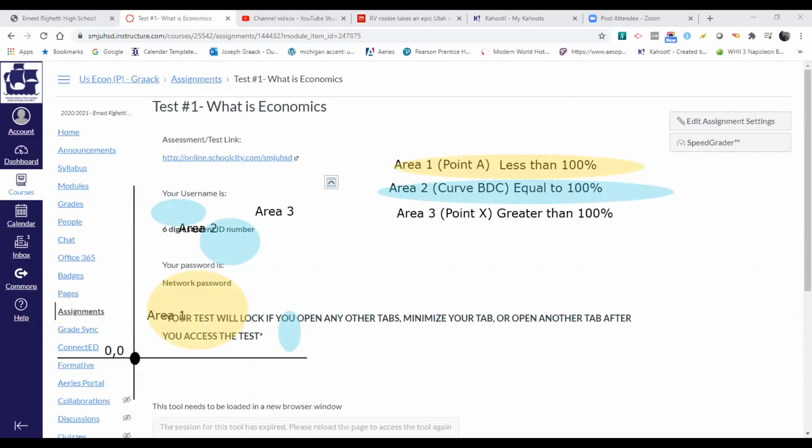No matter where we're using our resources, whether it be guns or butter, that is right there, the limit of our resources. And then as Bryce shared with us, if we take a look at area 3, represented by point X, that's greater than 100%. We need something to happen to get greater than 100%.